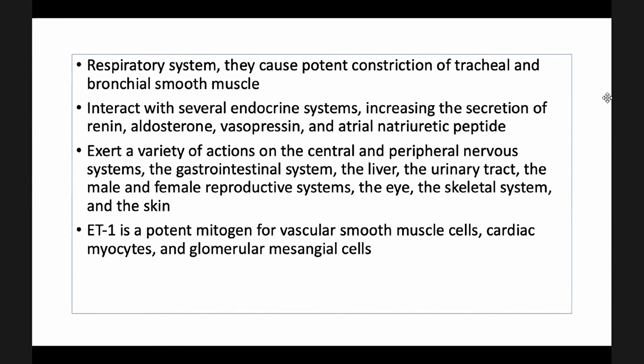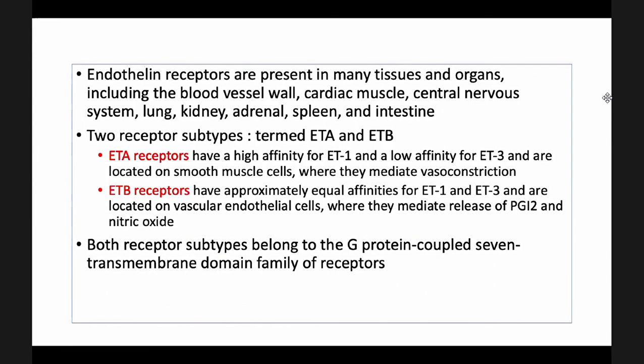So it also exerts a variety of actions on the CNS and peripheral nervous system, the GI tract, the liver, the urinary tract, the male and female reproductive system, eyes, skeletal system, and the skin. ET1 is also a potent mitogen for vascular smooth muscle cells, cardiac myocytes, and glomerular mesangial cells. So endothelin receptors are present in many tissues and organs.